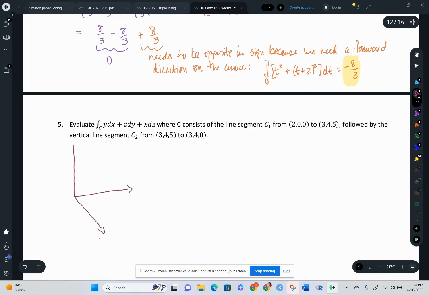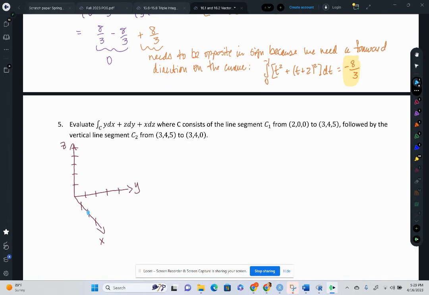I'm drawing my X, Y, Z octant slightly off center for a reason, just so it's easier to see the line segments that I have to draw here. Okay. So for the line segment from 200, that's right here, to 345.